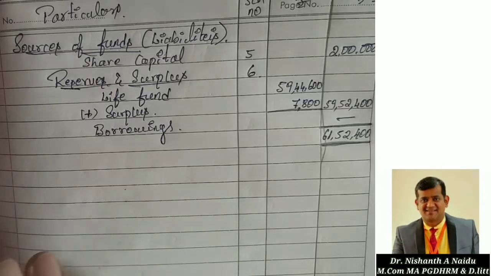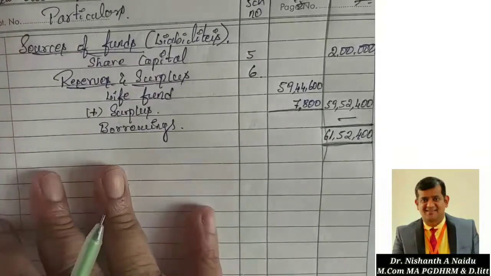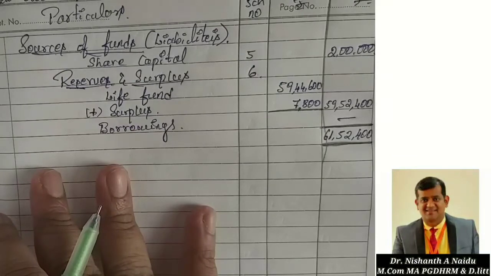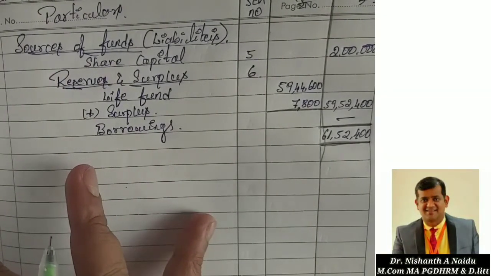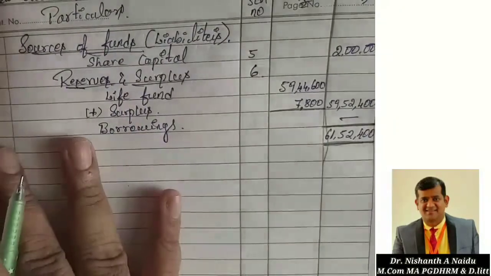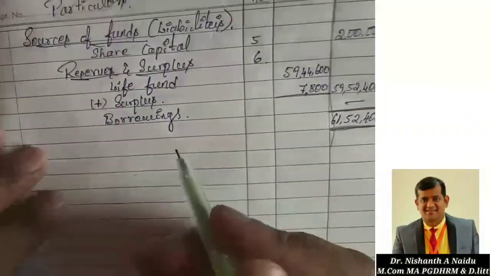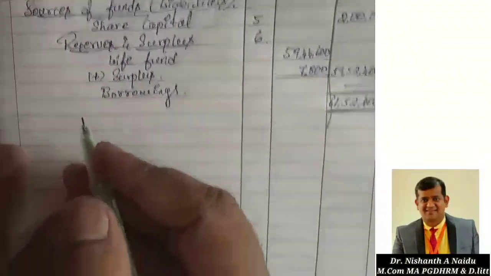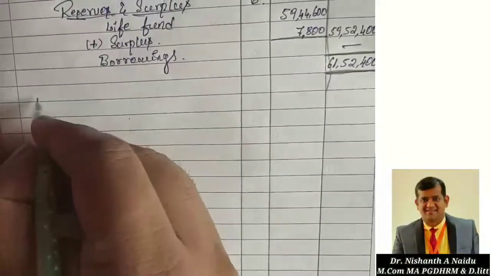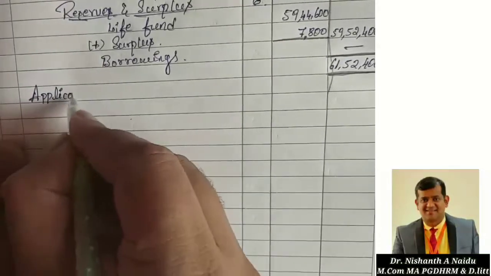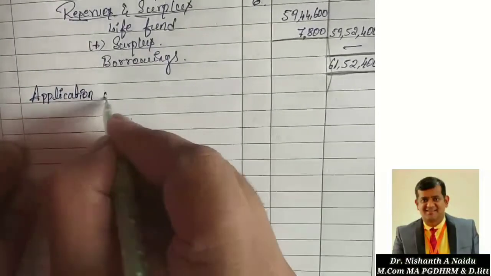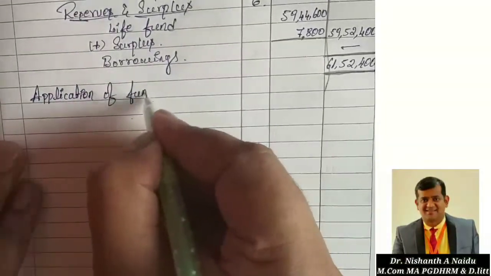So next, which schedule number do we have? Schedule number 8, right? So that is going to be application of funds, that is nothing but assets. So let us write application of funds.